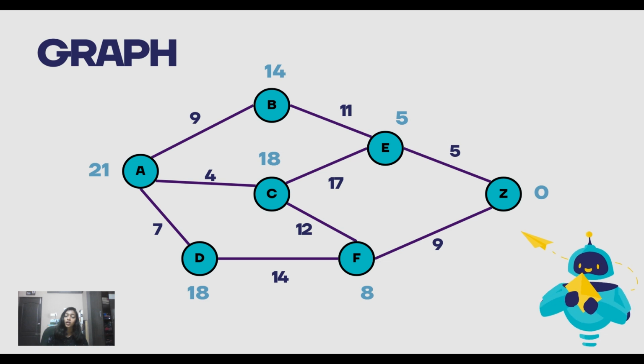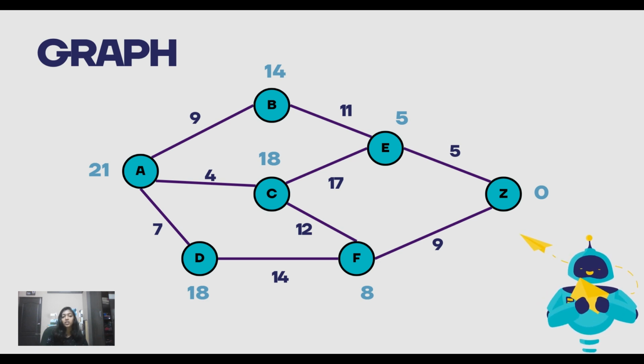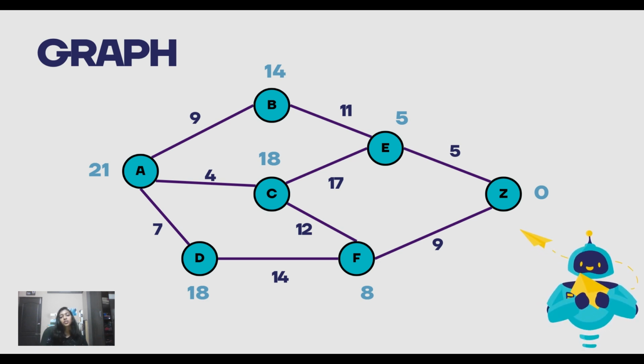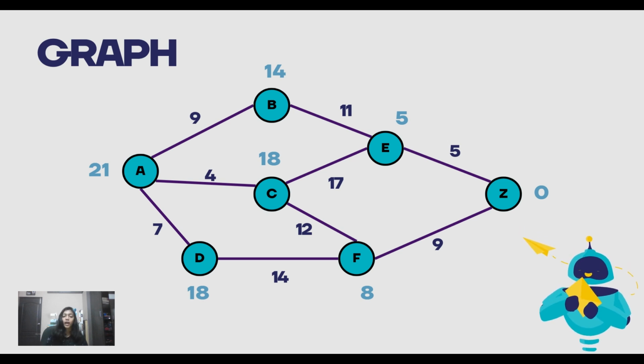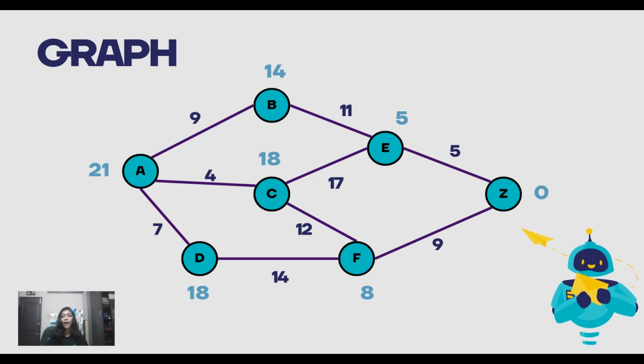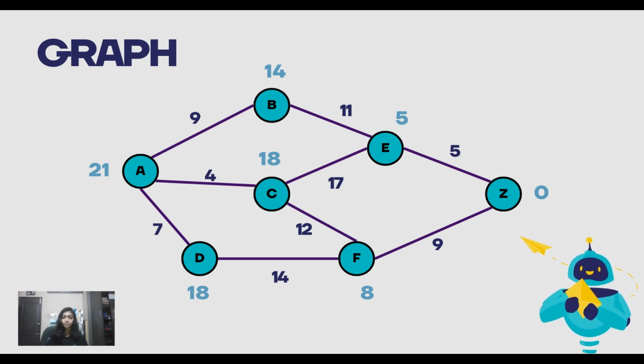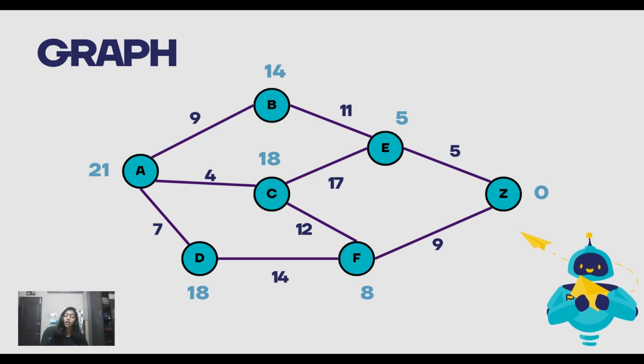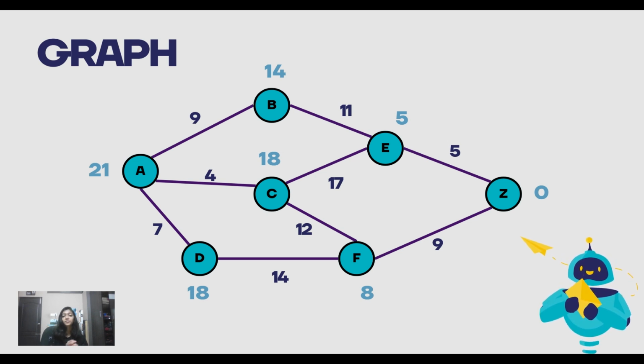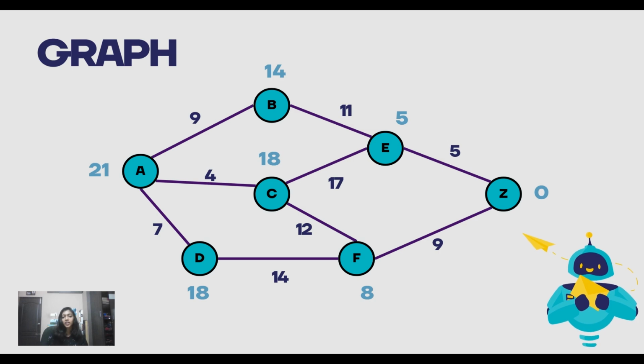The values which are in blue color are called the heuristic values or heuristic function, h of n. It is the cost of the path between the current node and the goal node, and the values in purple color denote the cost function and are denoted by g of n. So it is the cost of the path between the starting node and the current node.